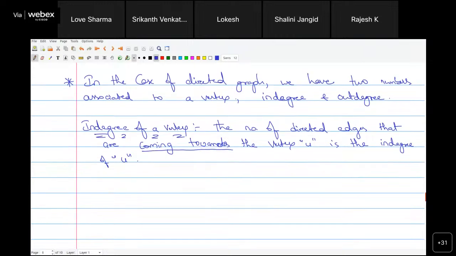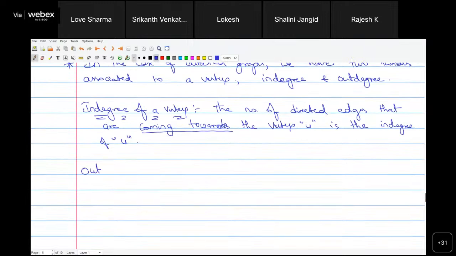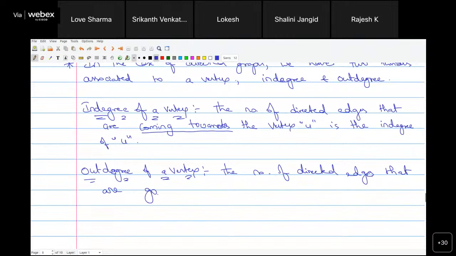And similarly, out degree of a vertex means the number of directed edges that are going away from vertex u is the out degree of u.